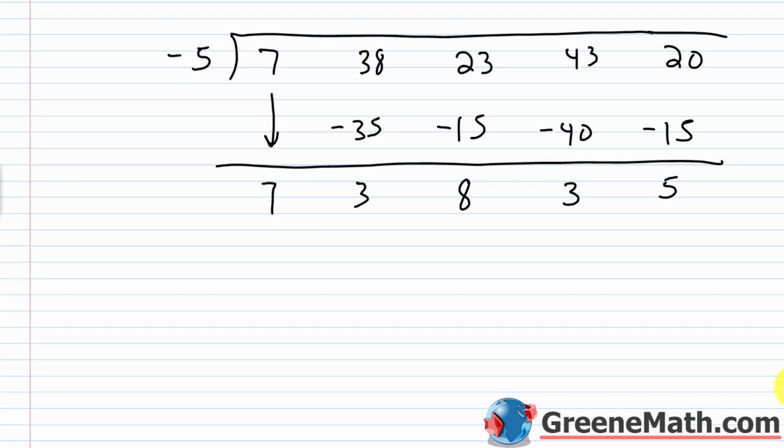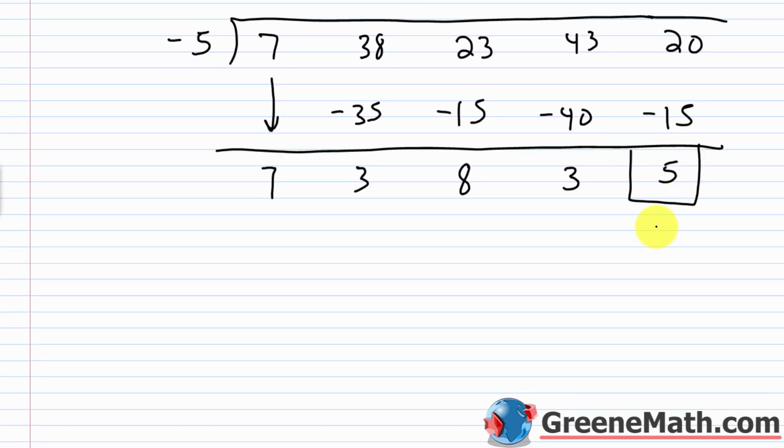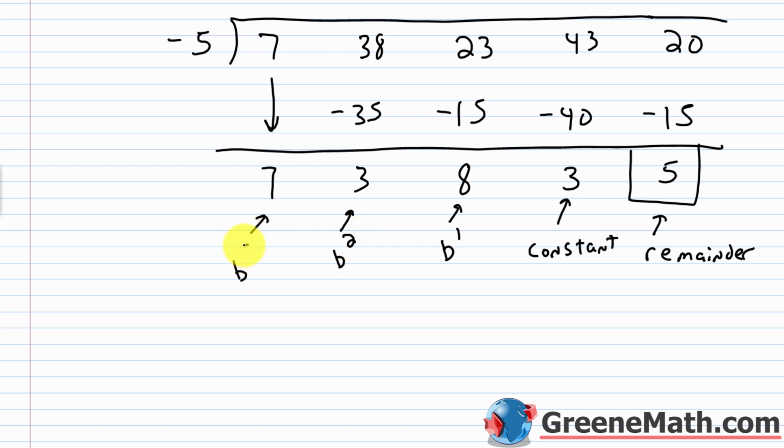Let's scroll down a little bit. So again, this is our remainder. Then this 3 right here would be my constant. Then this would be my coefficient for b to the first power. This would be my coefficient for b squared. This would be my coefficient for b cubed.